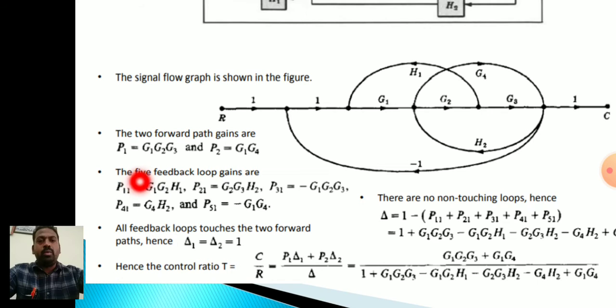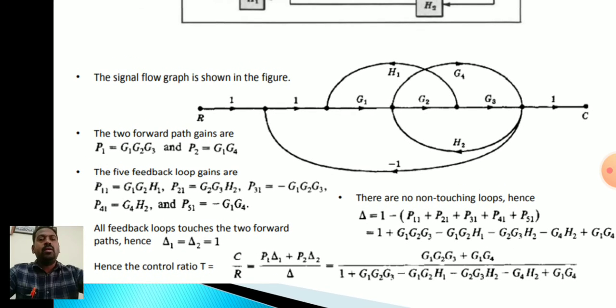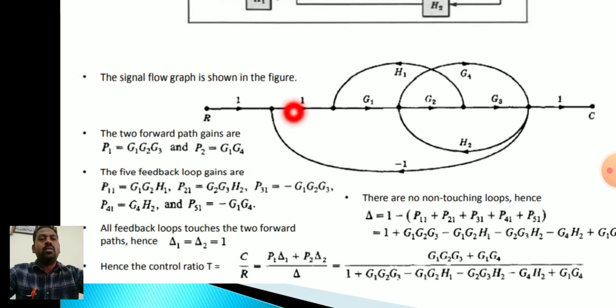That is P1, G1, G2, H1. That is G1, G2, H1. That is G2, G3, H2. This is G2, G3, directly only this is one loop. Once again G1, G2, G3 with minus sign. This is one loop.